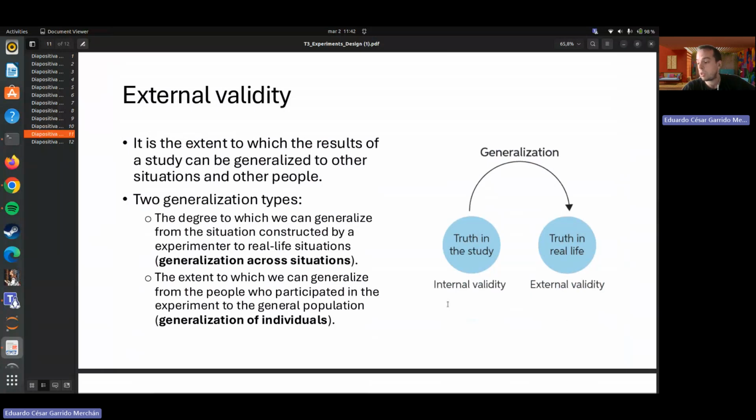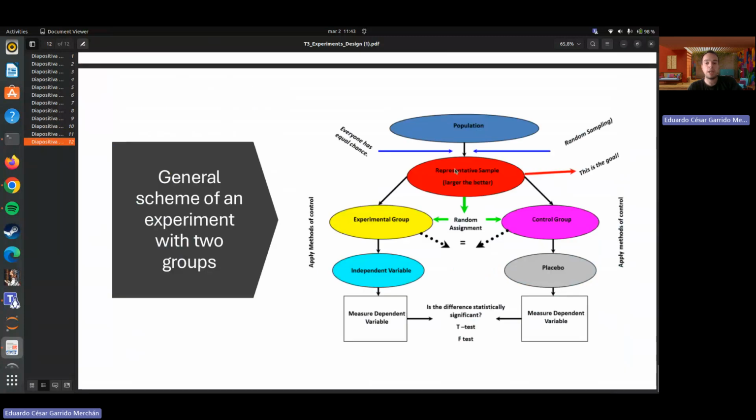Because if we do not do that and we make generalizations, our strategic moves in the company are just not going to work. For example, Coca-Cola may be useful in Spain, but if we do the same experiment in, I don't know, China, things may just not work. So we need to take that into account when we make experiments, and this is commonly referred to as external validity.